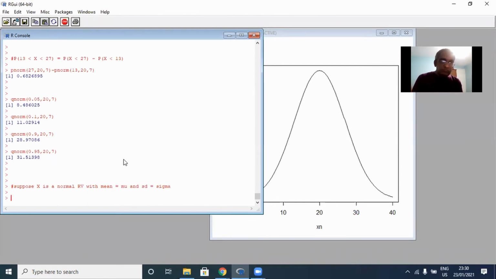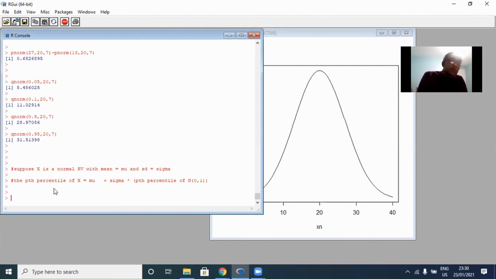Then you must know this. You did this in probability 1, I don't know, right? Then the pth percentile of x can be written as mu plus sigma times the pth percentile of the standard normal random variable.